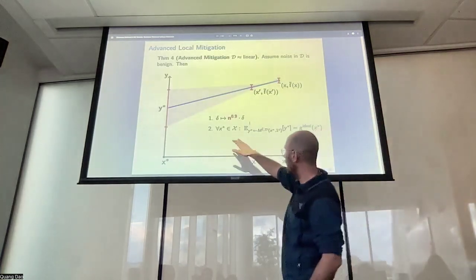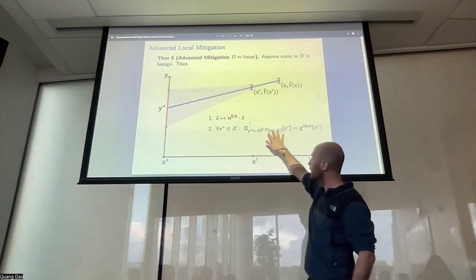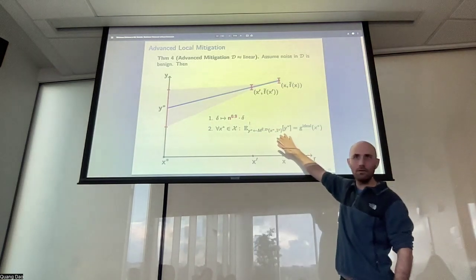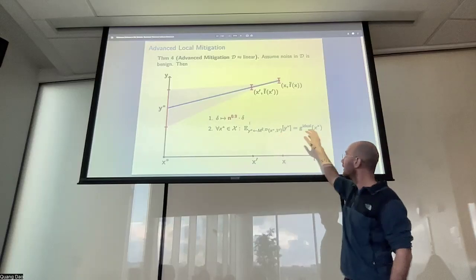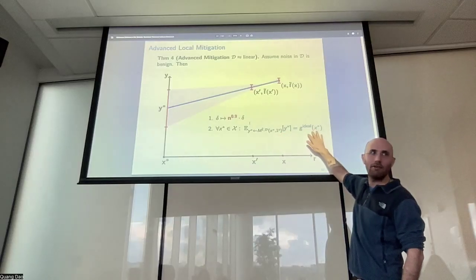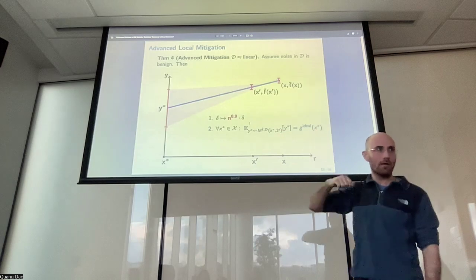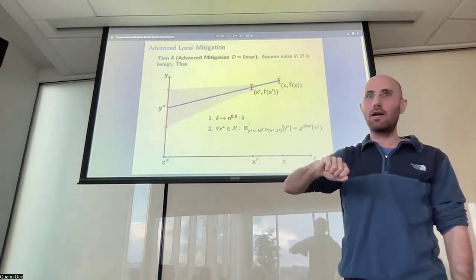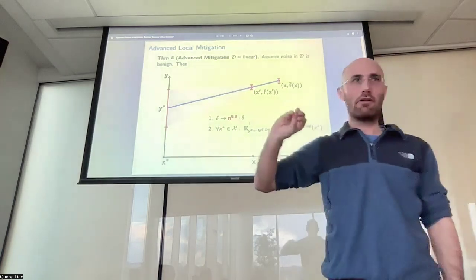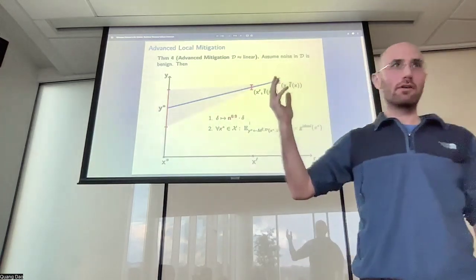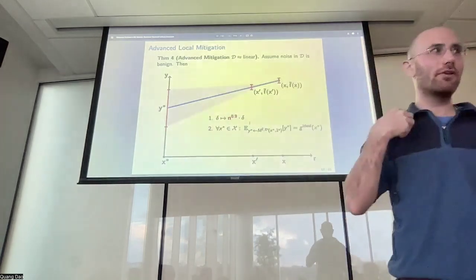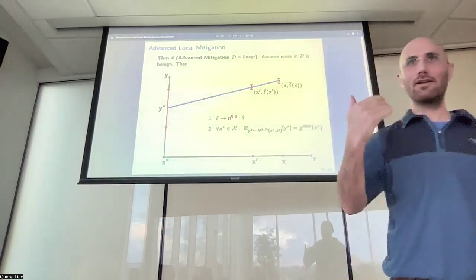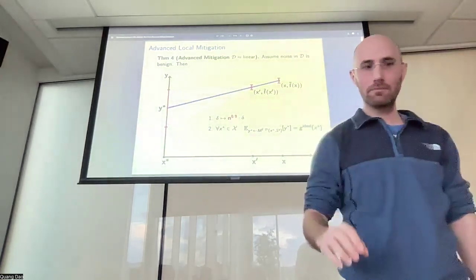So for every x star, if we do our mitigation, we get a y star such that the expected output of our prediction exactly equals the best affine predictor. So if Eve is going to make my scores a bit too high sometimes, she also has to make my score a bit too low sometimes, and it has to exactly even out. She can still control the variance. For instance, she could make my scores have higher variance, or usually lower variance, or something like that. But we're already making some progress here.